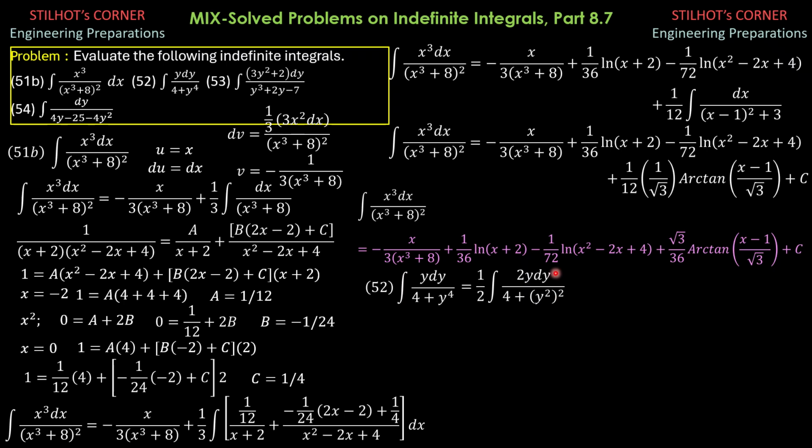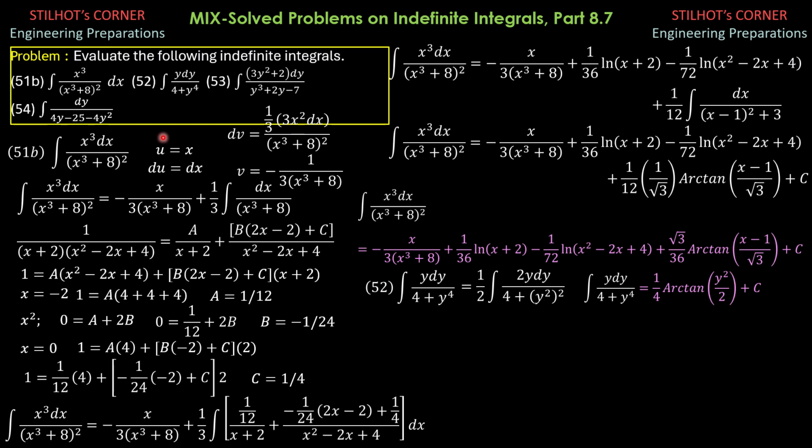So this is in the form du over 4 plus u squared. So that would be 1/2, then times 1/2, so 1/4, because a is 2, arctan of y squared over 2 plus c. So 1/4 arctan of y squared over 2 plus c.